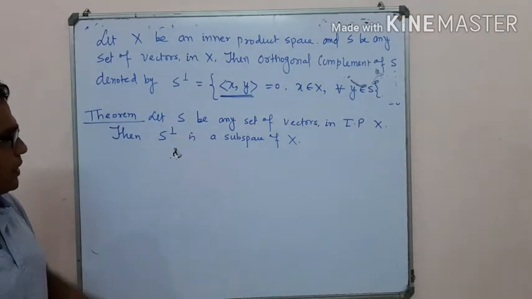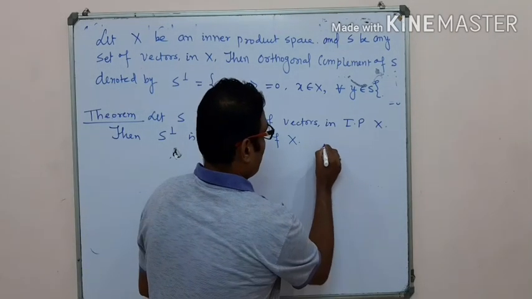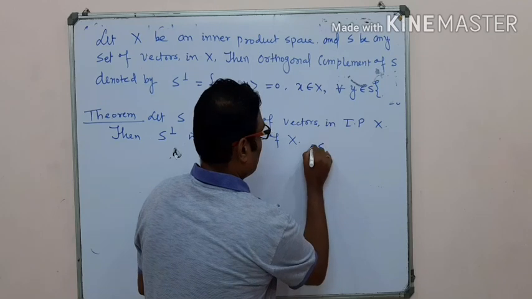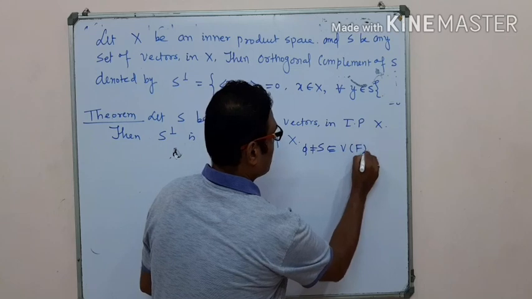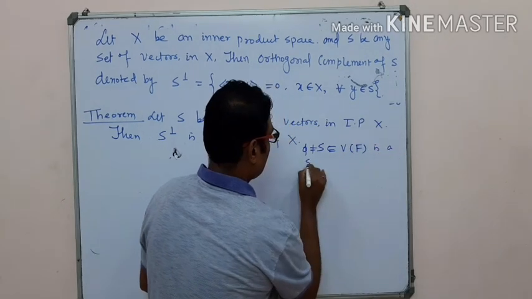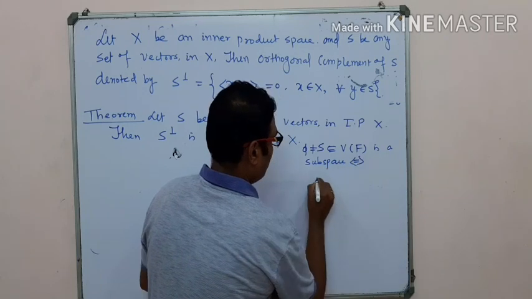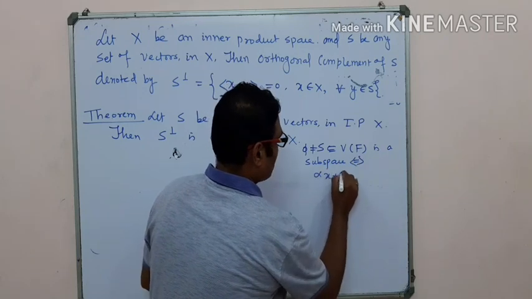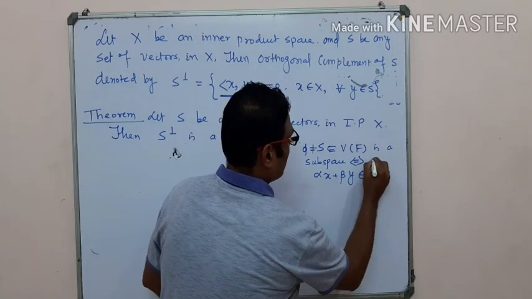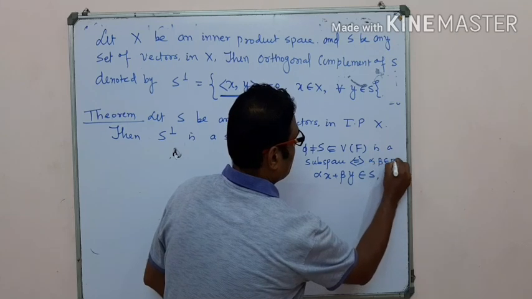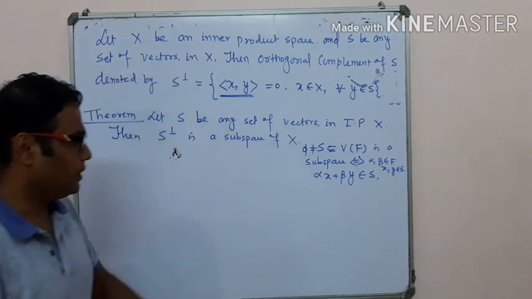Now we prove that it is a subspace of X. We recall the definition of the subspace. A non-empty subset of a vector space is a subspace if and only if alpha x plus beta y belongs to S, provided alpha, beta belong to the scalar field and x and y belong to S. We recall this definition.